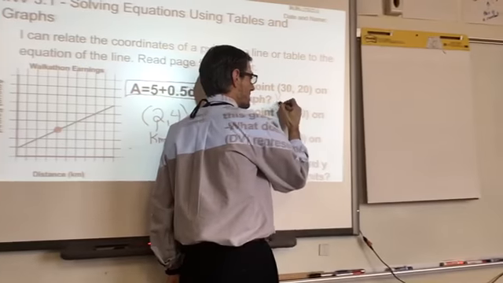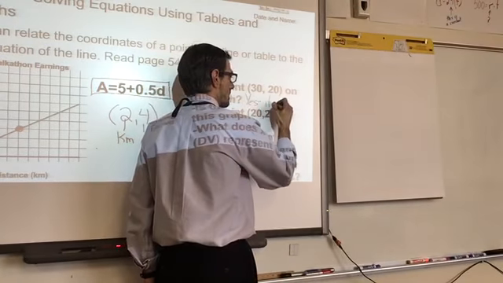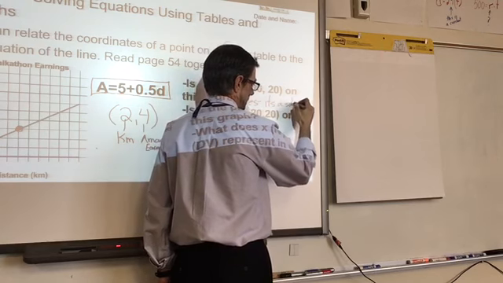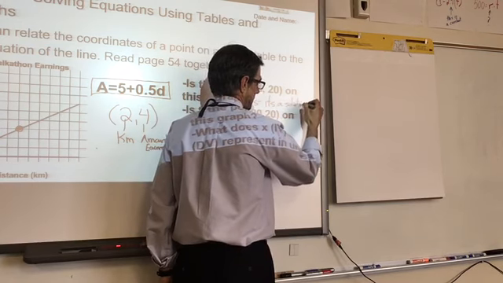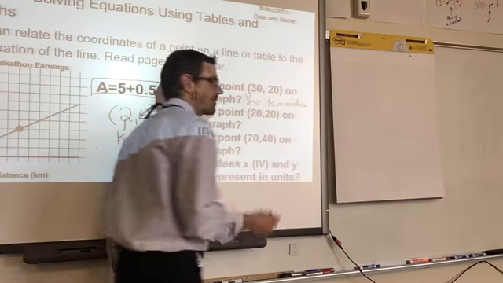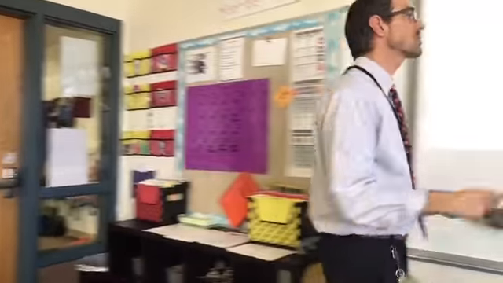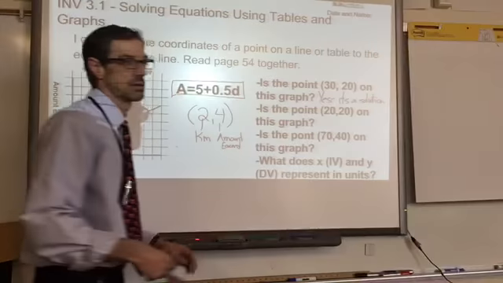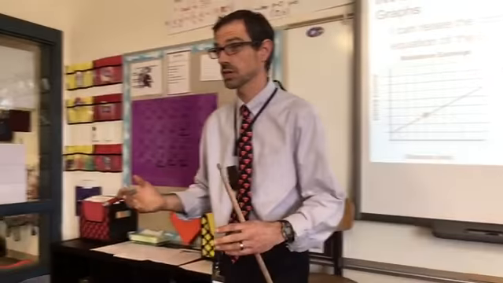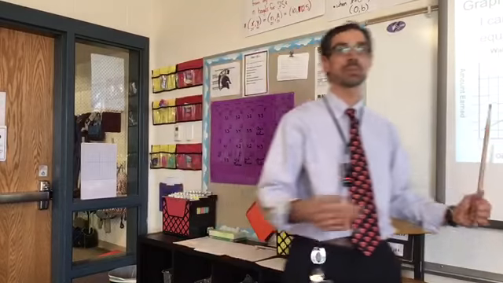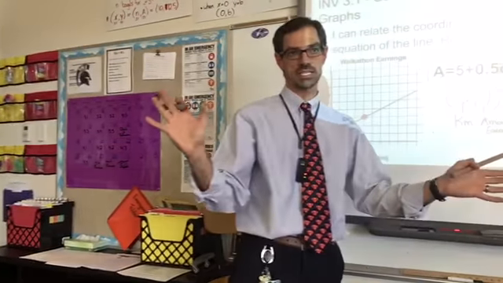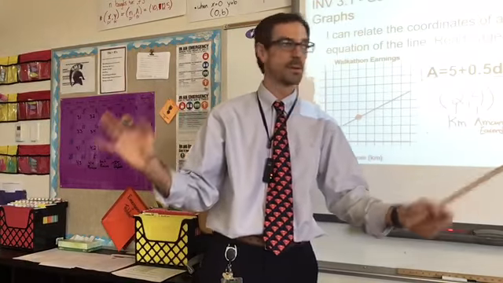Yes, it's a solution. Make sure you get that down. Take those notes. So yes, 30, 20 is a solution. It's not the only solution because we're talking about a linear relationship and it has infinite solutions.